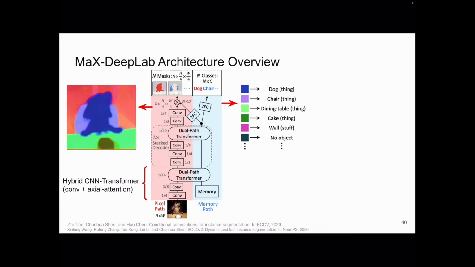In the pixel path, we employ a hybrid CNN-transformer framework, where low-level stages use convolution operations, while the high-level stages use axial attentions. Finally, similar to CondInst and SOLOv2, the pixel features are multiplied with the global memory feature to form our mask prediction. The classes of the masks are predicted with another branch of the mask transformer.